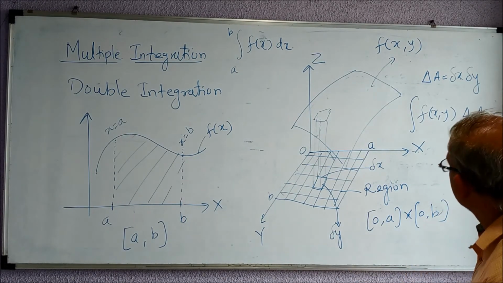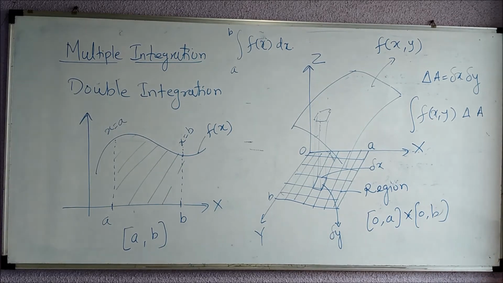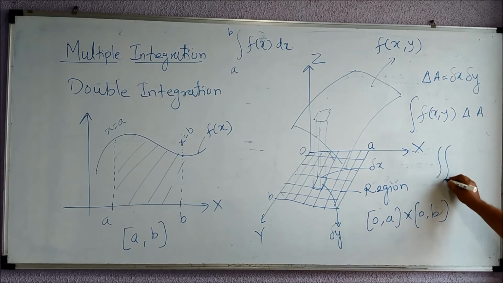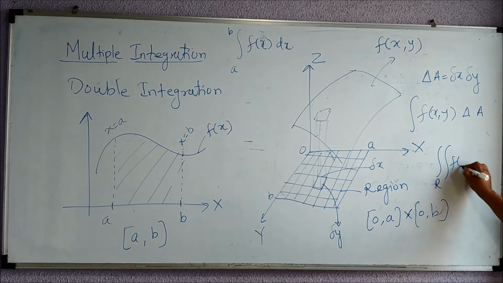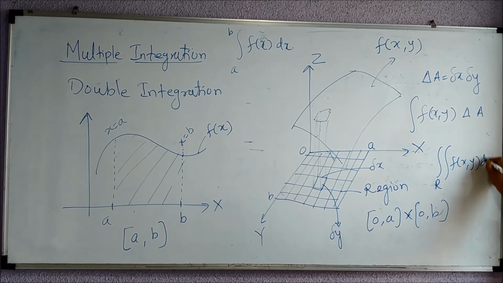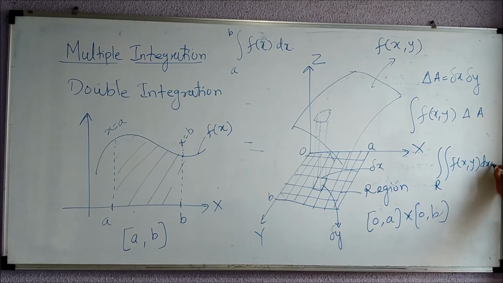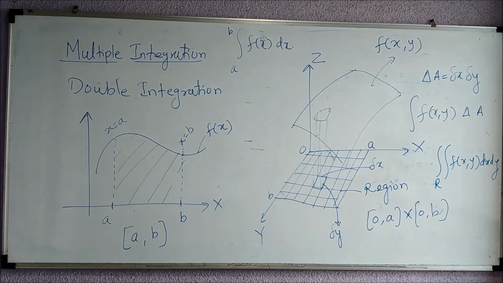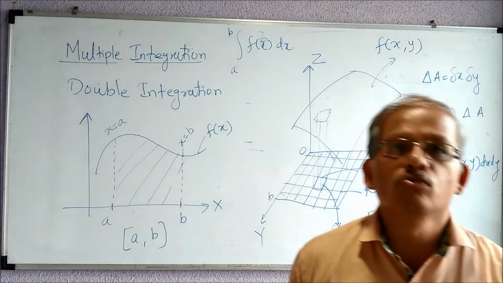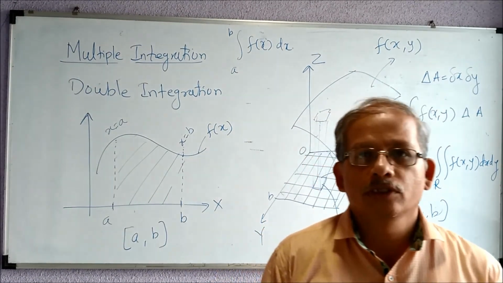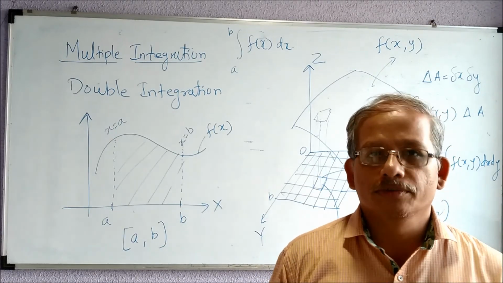That volume is represented by the double integration over this region R of f of x, y dx dy. So double integration gives you the volume under a particular curve over a particular region.